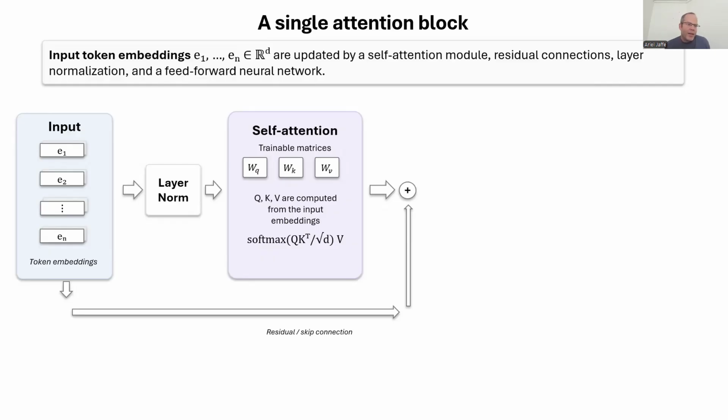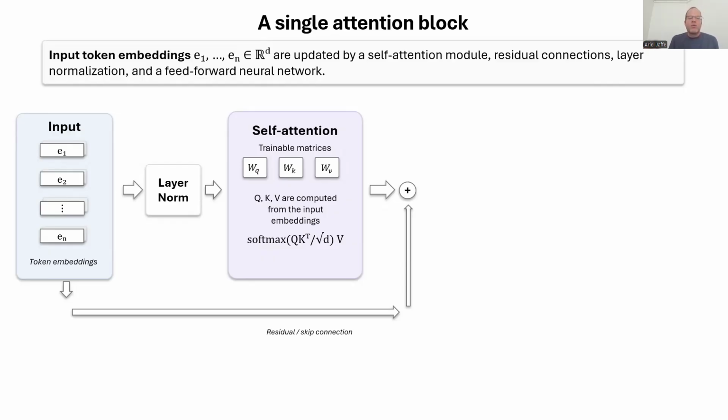And then once these are normalized, they're given as input to the self-attention mechanism. This is called self-attention, where every value is updated by its interaction with the other values. And you can see also the equation: softmax of QK transpose divided by square root of D, times V. Once we have that, we add the original embedding with the output of the self-attention.